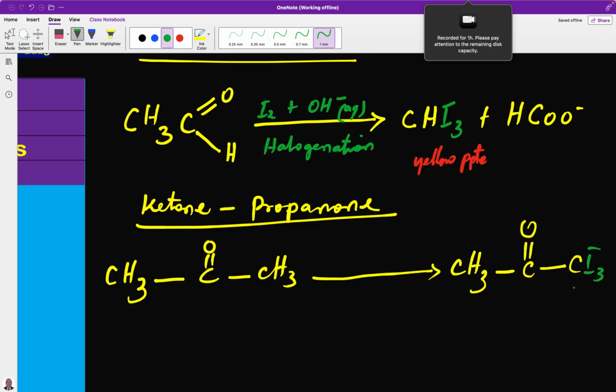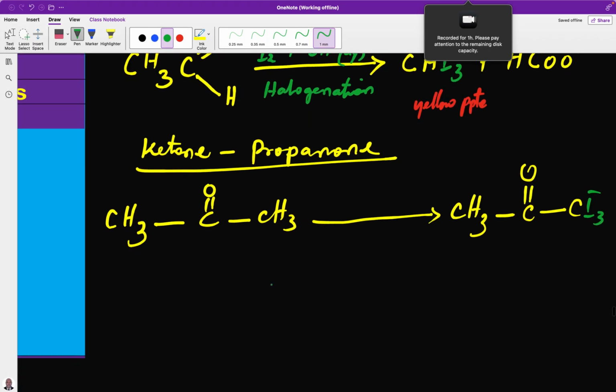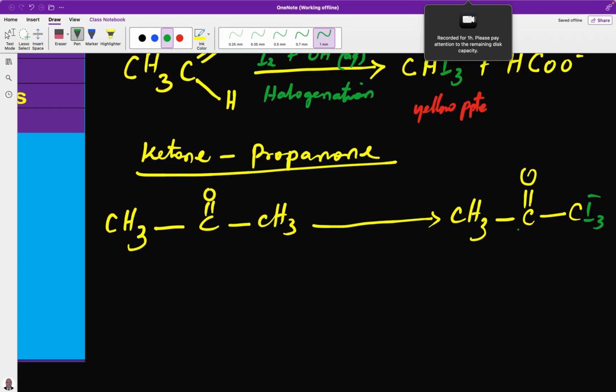I said it is halogenation to form an intermediate. Now, there's hydrolysis of the intermediate. Hydrolysis of the intermediate now comes in. We will have CH3.